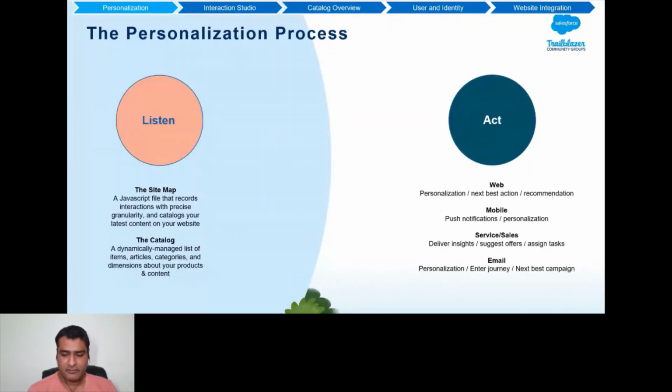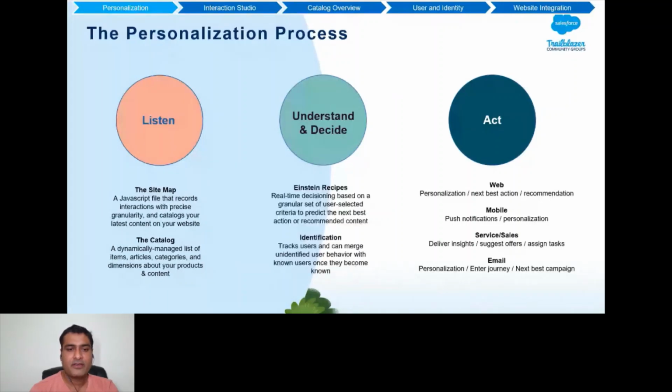Now, when you listen to your customer using these two components, the next step is to understand and decide what you want to do with the data you collected. And there, the first thing you want to do using Interaction Studio is to identify. You want to identify a user, whether that user is a new user, an anonymous user, or an existing user who is coming back to your website.